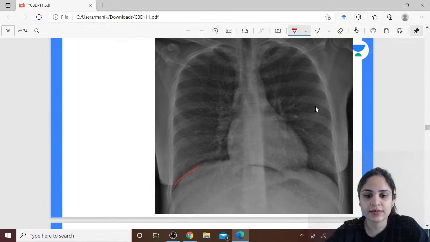This is continuous diaphragm sign. You can see the right hemidiaphragm and the left hemidiaphragm, and the entire diaphragm is continuous. You can see that there is some amount of air present between the base of the heart and the diaphragm.